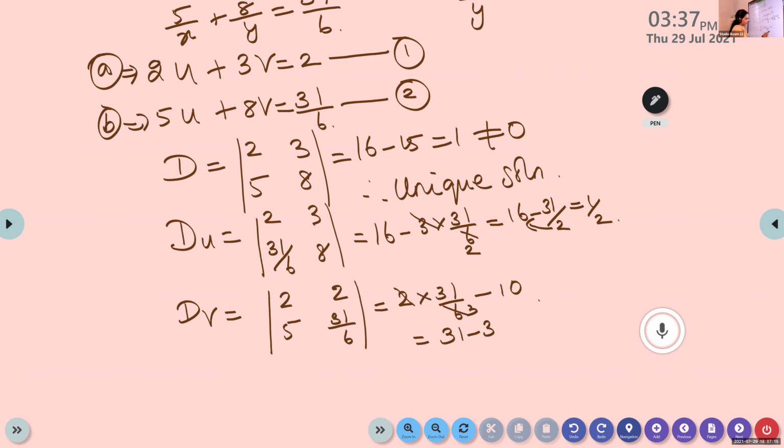So 31 minus 30 by 3, which is 1 by 3. After finding du and dv, we can find u. u is du by d, v is dv by d. So we'll get what u and v are. After finding u and v, write down what x and y are.